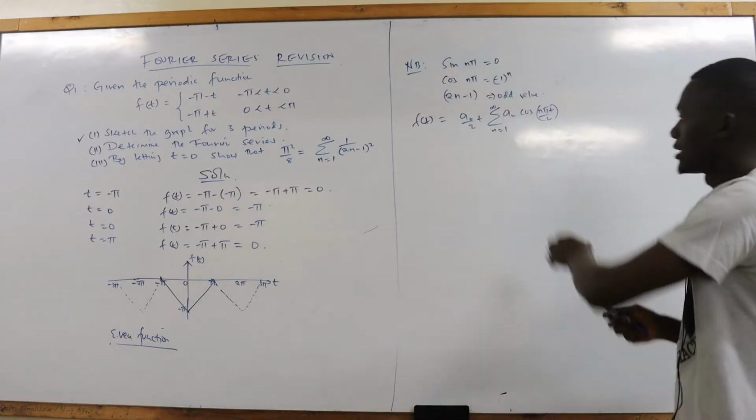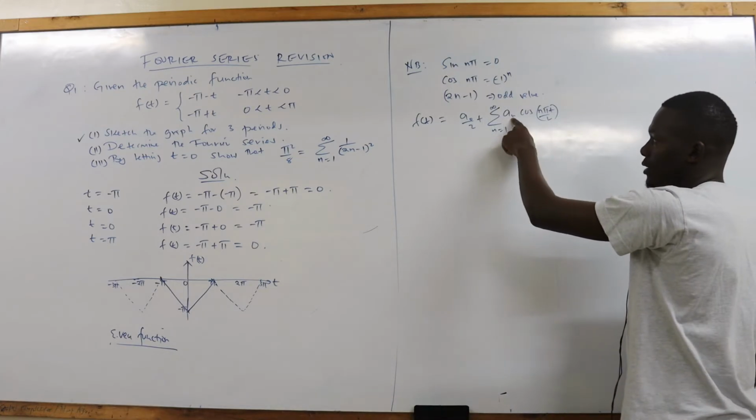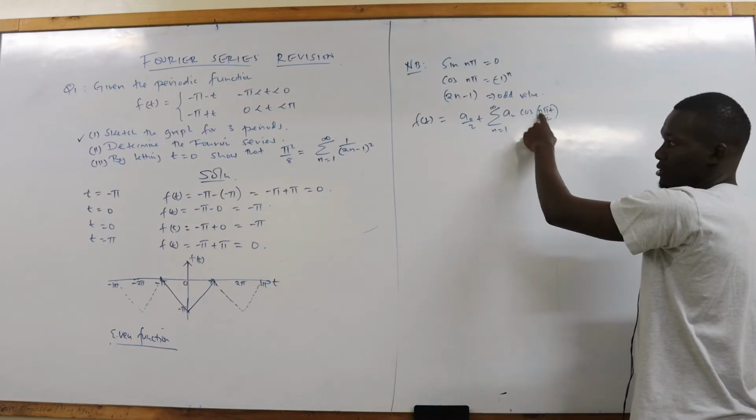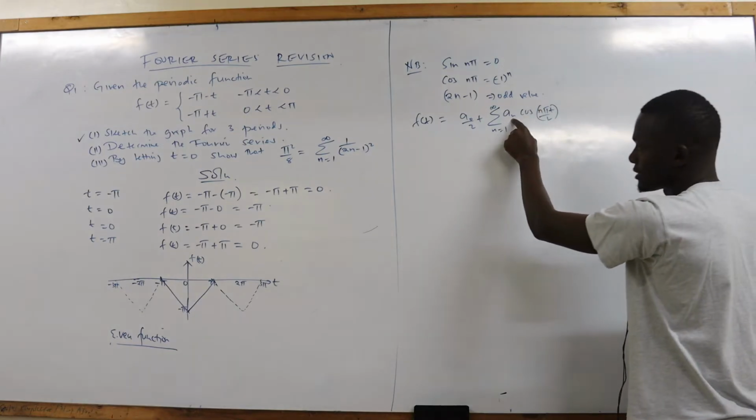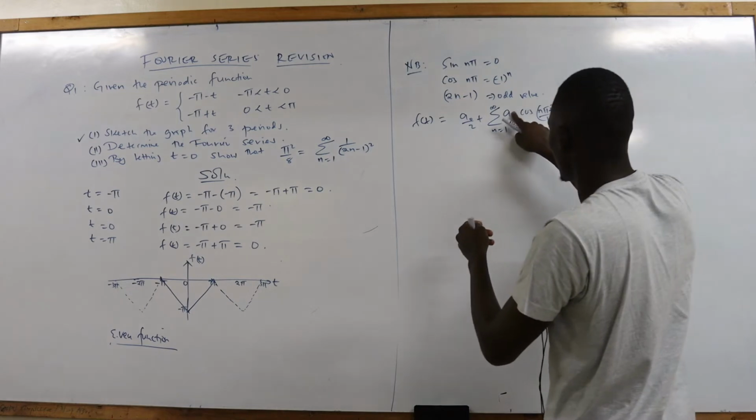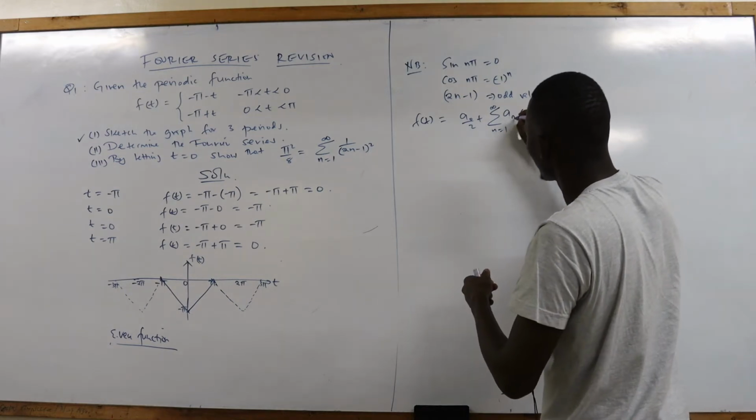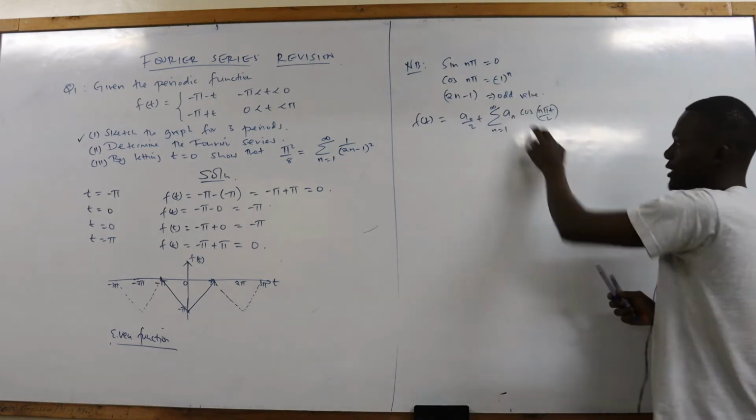That means when n is 1 here, then my value changes. When n is 2, my value changes. When n is 3, remember this one is AN. AN means it depends on the value of n by the end of the day.